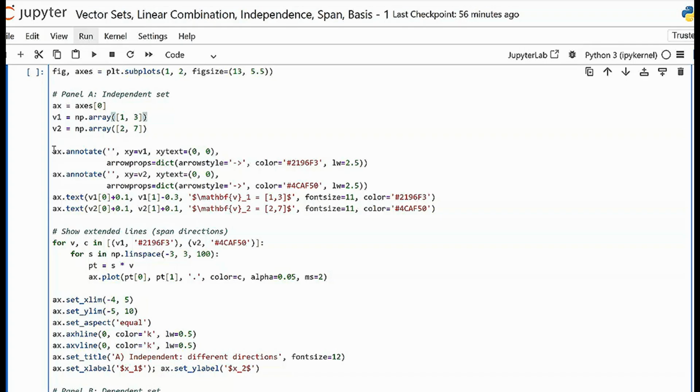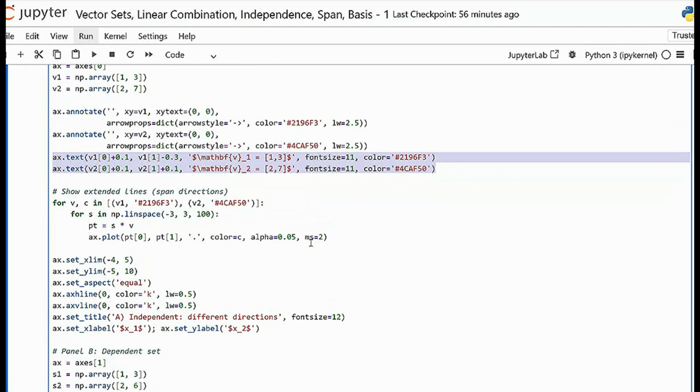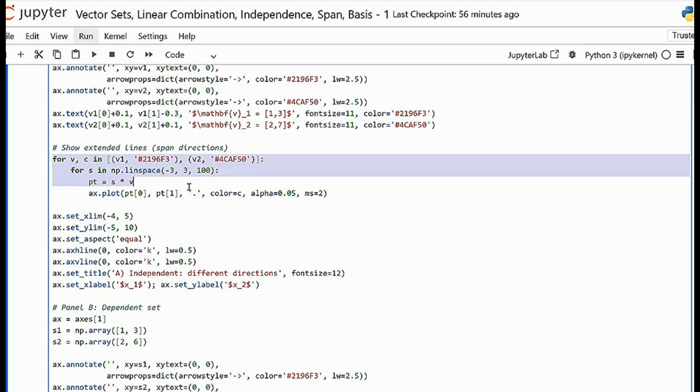Here this annotation draws the vector v1 as an arrow from the origin. And this one plots the vector v2. Kindly observe we have two labels for vector v1 and vector v2, and here we have a nested loop.